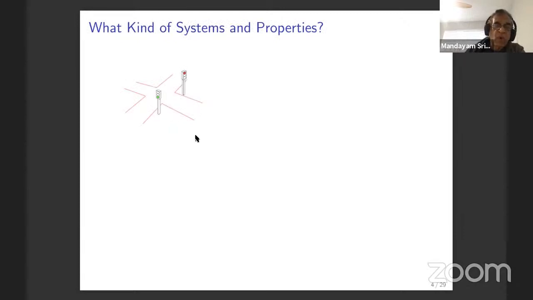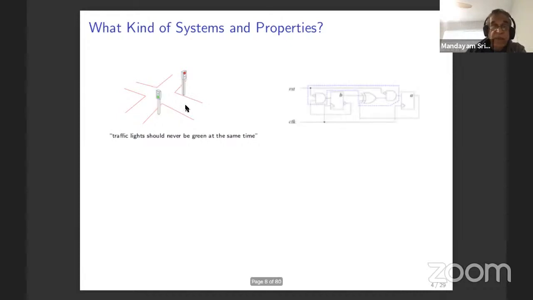Recall that we want to model things like a controller that controls the traffic signals at an intersection. These kinds of systems can have a mixture of hardware and software in them, or they can be pure hardware systems like this, and you might want to verify that this counter is implementing a mod counter and its value is always less than or equal to 3.